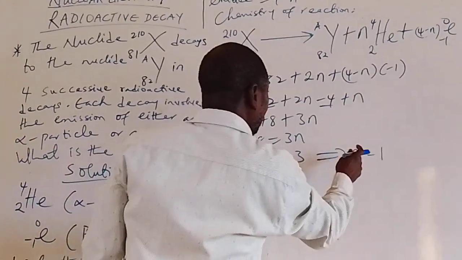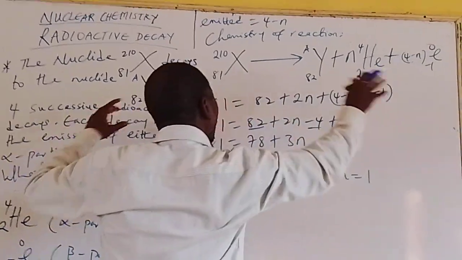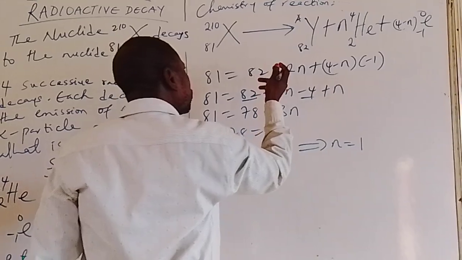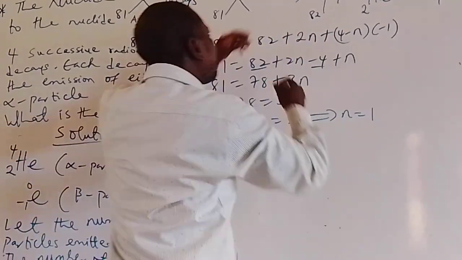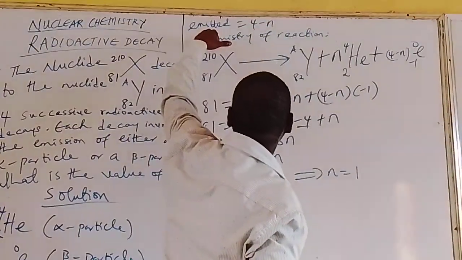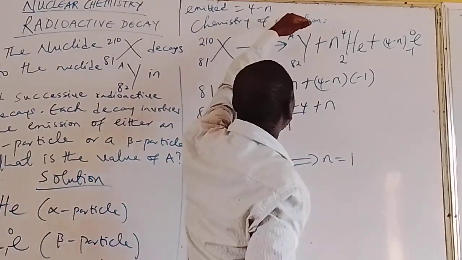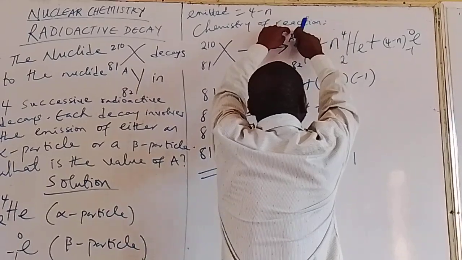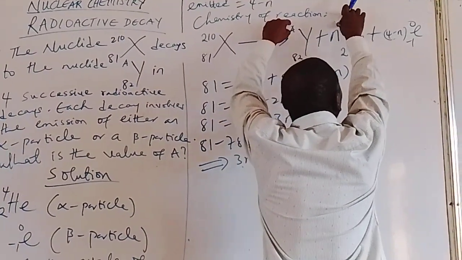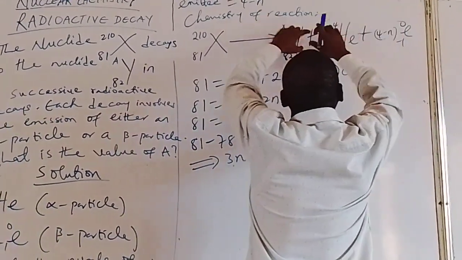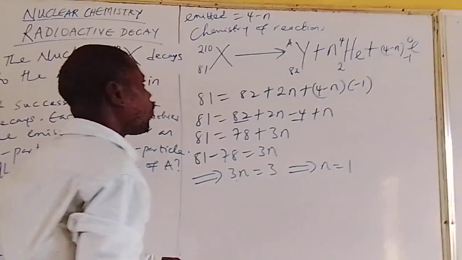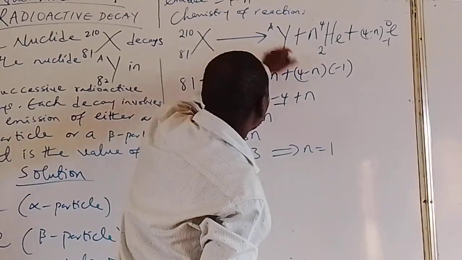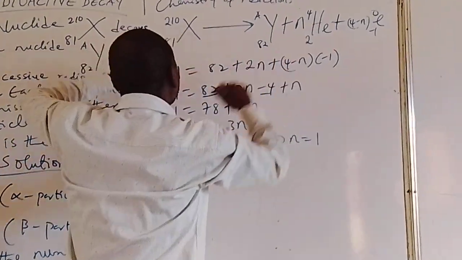So what does that imply? We can now substitute n to be 1 and rewrite the equation so that we can get A. Now the mass number of the reactant, which is 210, is equal to the mass number of the product. So since n is known, let's plug in 1 for n in that equation.